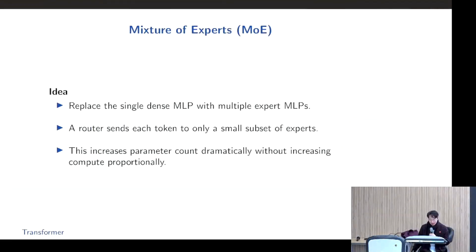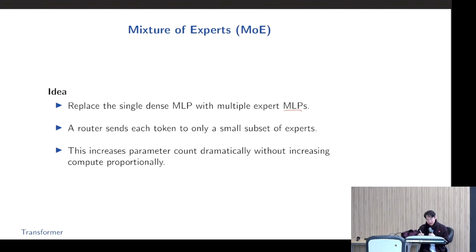And MoE, I think many of you have heard about this from online blogs or something. So here, there's another tweak in the MLP step. They want to replace the single dense MLP multiply step with MoE. What is MoE?